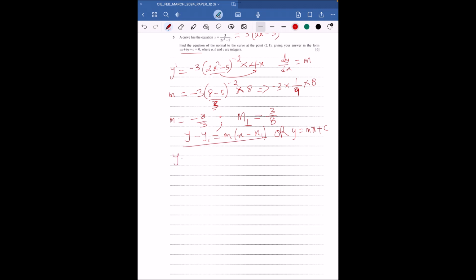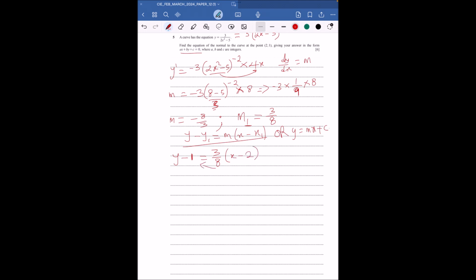So y minus 1 is equal to the gradient. Okay, what did I do there? I'm changing the question. This is 3 by 8 of x minus 2.